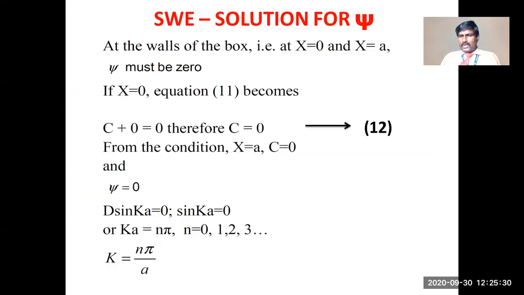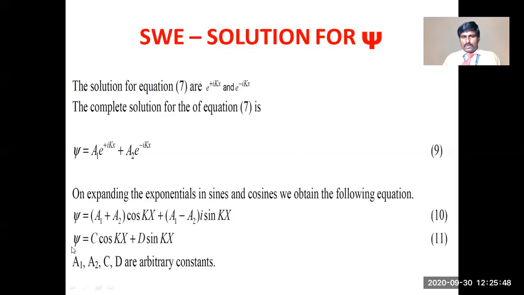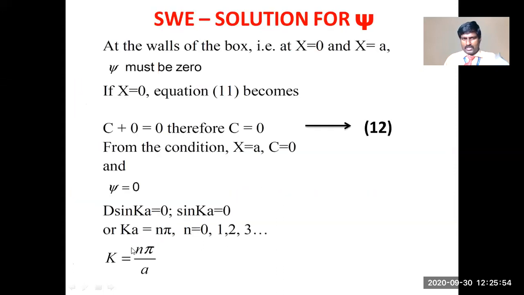At the walls, what happens? x is equal to 0 and x is equal to a. That is the boundary of the one-dimensional box. Keep in mind these two things. Now if x is equal to 0 in equation 11, with cos kx plus sin kx and the constants C and D, if you substitute this we will get C is equal to 0.